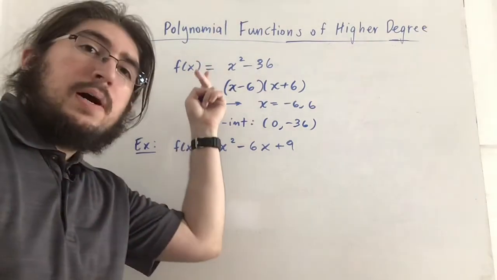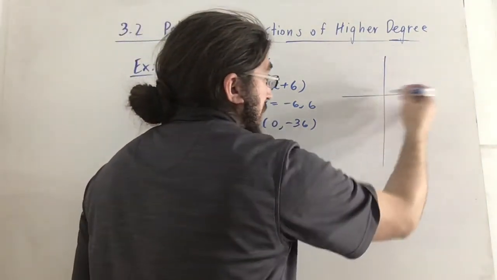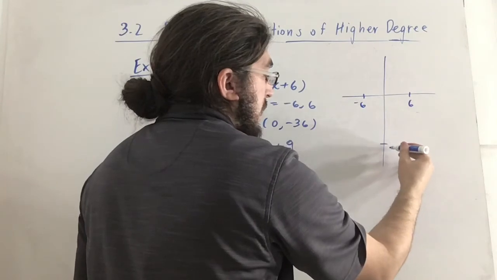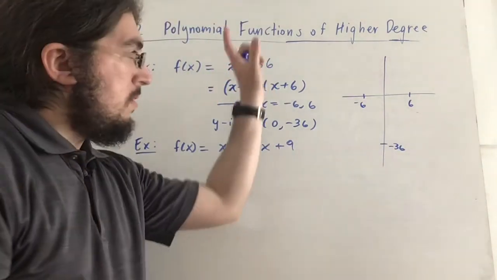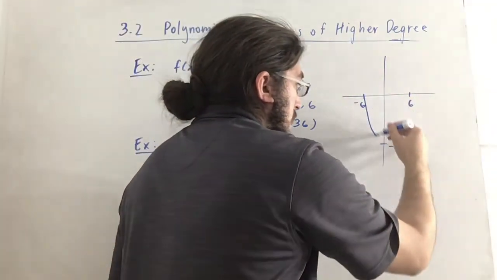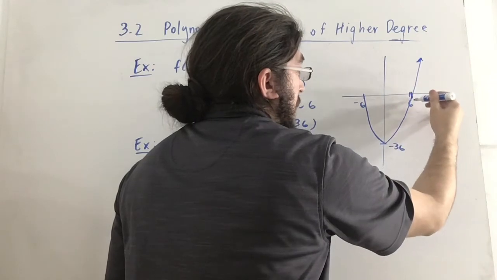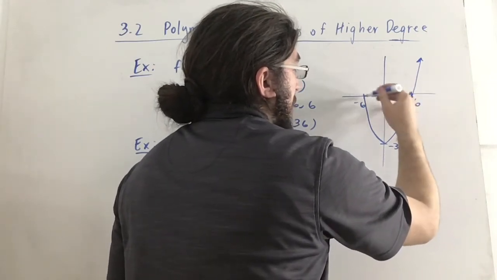The leading coefficient is positive, so this will be an upward-facing parabola. And it'll have to pass through the x-axis at negative 6 and positive 6, and the y-axis at negative 36. So this, of course, will not be to scale, but the parabola will look something like this. Passing through 6, imagine that it passes through 6. Looks a little better, I guess. Perfect.